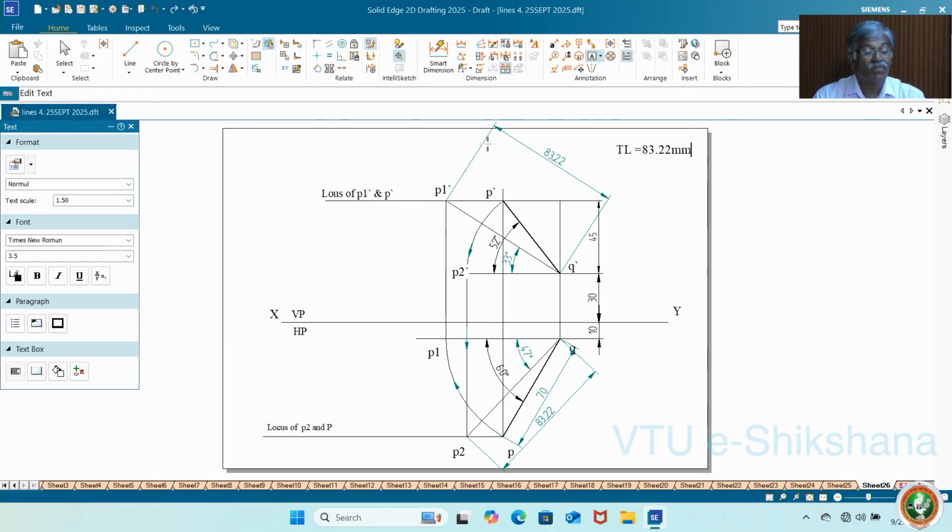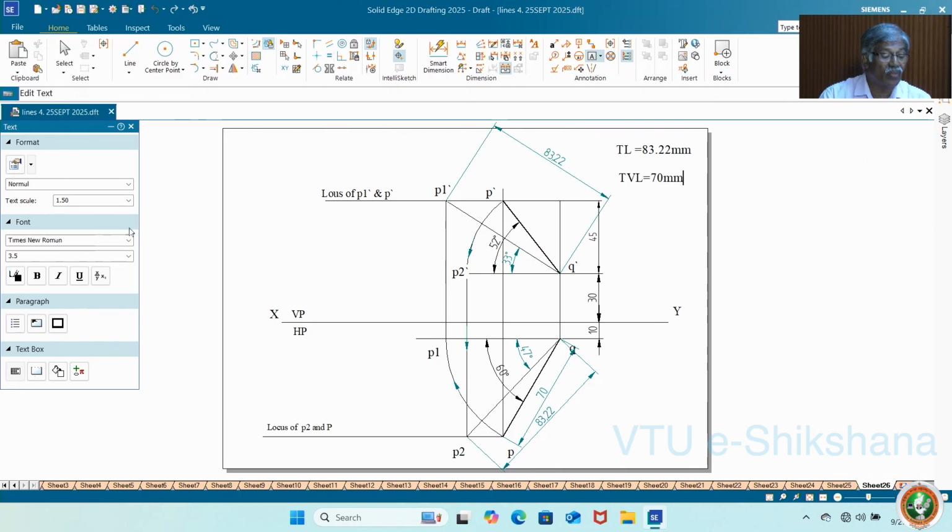And this theta and phi you have to identify. There is one more data given, the top view length, which is given as 70 mm, and beta is given.